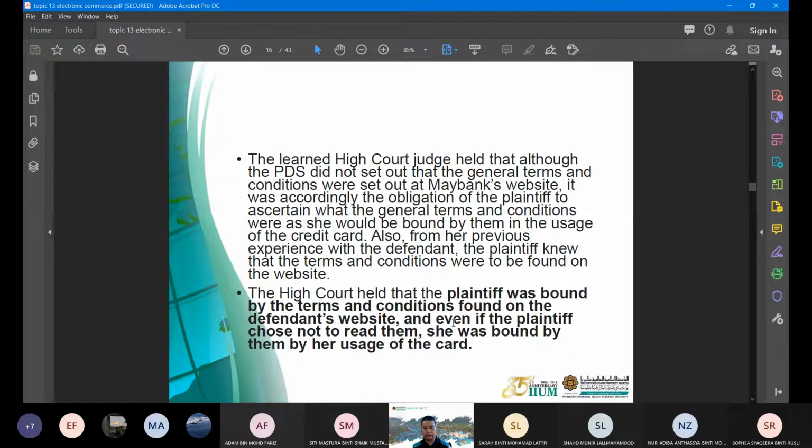So if you don't even bother to read the terms and conditions but you continue to use it, they will assume that you have accepted the terms, and therefore you are bound, even though you didn't read the full terms. That was the decision.